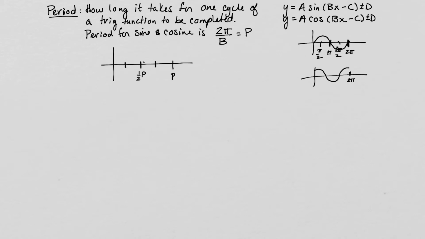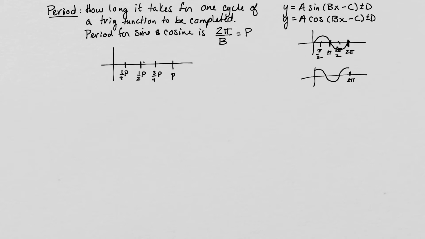I'm splitting it in 2. This first one, I'm taking that 1/2 piece and splitting it again, so I would get 1/4 P, and then this other spot is the 3/4 spot of P.